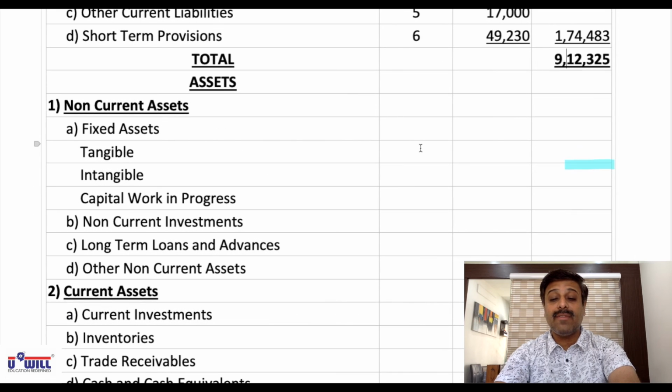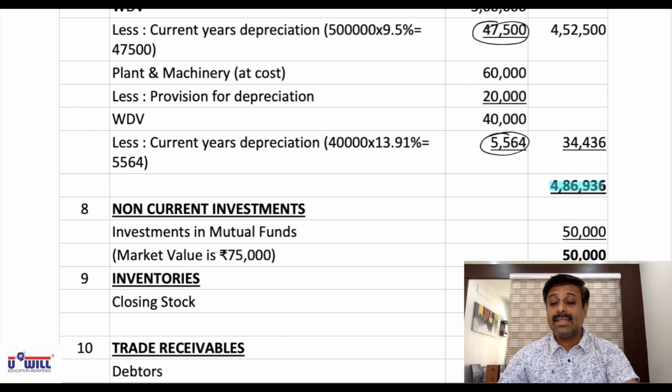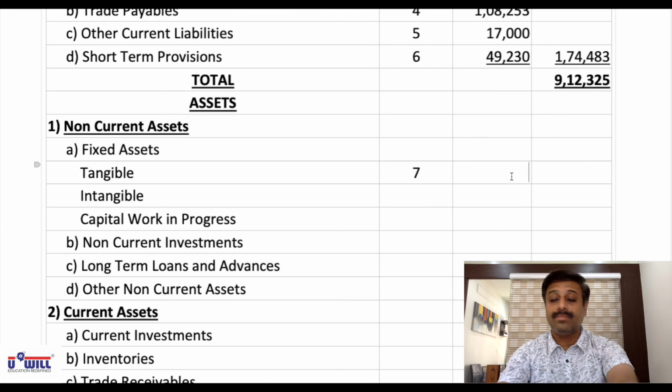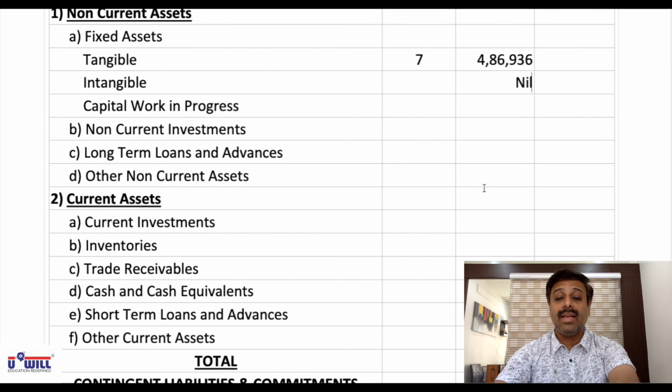Fixed assets we get from tangible from note number 7, 486,936. Then intangible we don't have, so nil. Capital work in progress nil.